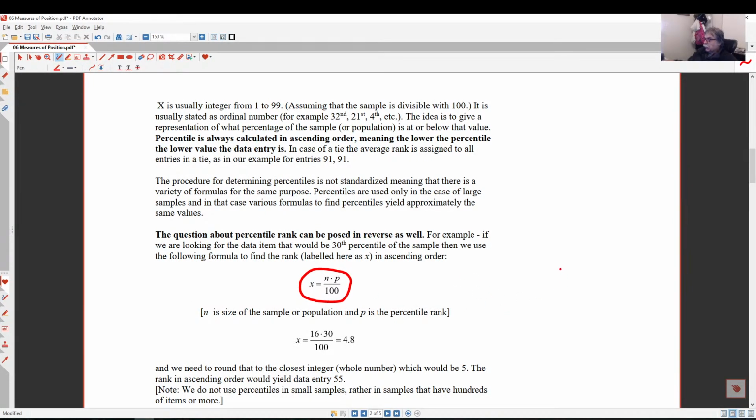We can do one more calculation. For example, what would be the 50th percentile of the sample? The same calculation is done again: 16 times 50 divided with 100, and then rounded to the nearest integer. My calculator says this would be 8 exactly, no approximation this time.